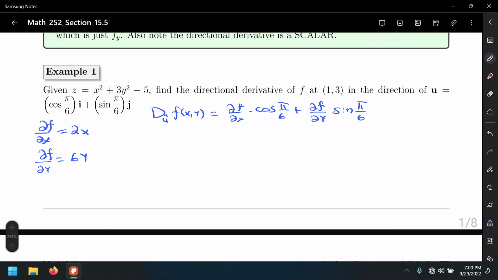The partial derivative with respect to x is 2x. What's cosine of pi over 6? Square root of 3 over 2, plus 6y times sine of pi over 6, which is 1/2. And that's our directional derivative.